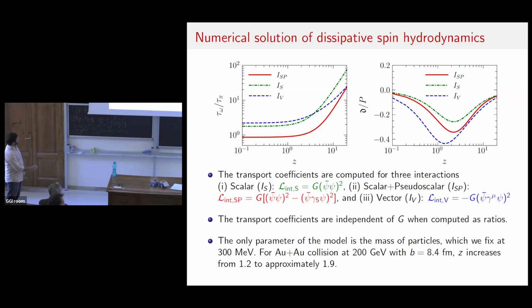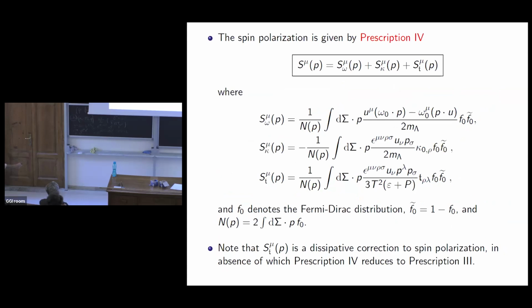Yes, it's shorter. So this is the largest time scale in the system. Tau kappa and tau omega are almost comparable for these two interactions. So eventually, what is the difference? So we have a dissipative contribution here. Besides the fact that, as far as I understand, it's not clear whether this is dissipative or not.